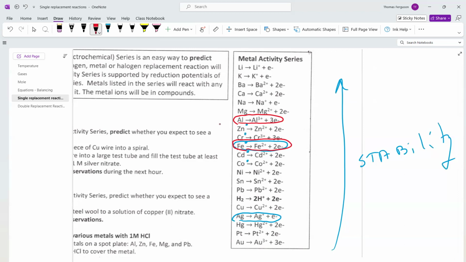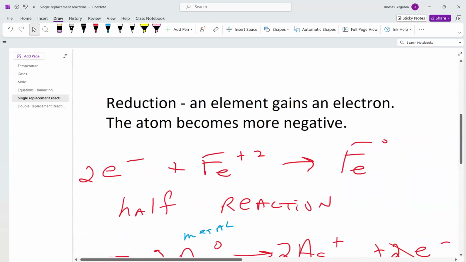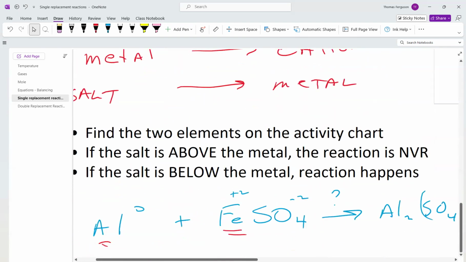And remember, iron is in the salt, the ionic phase. It's Fe plus 2, not Fe 0. Aluminum is the 0. Okay, so notice aluminum is above the iron. If the salt is below the metal, the reaction happens.